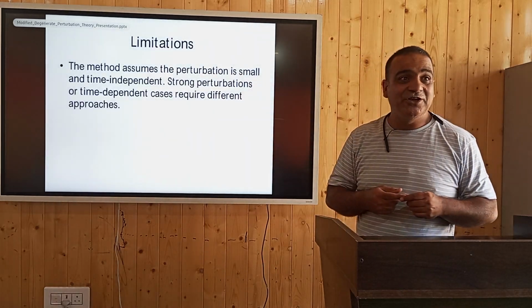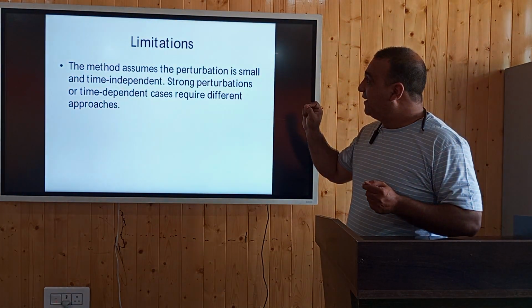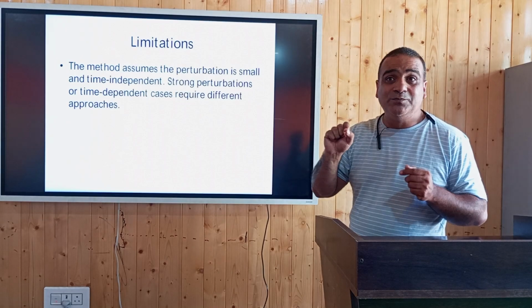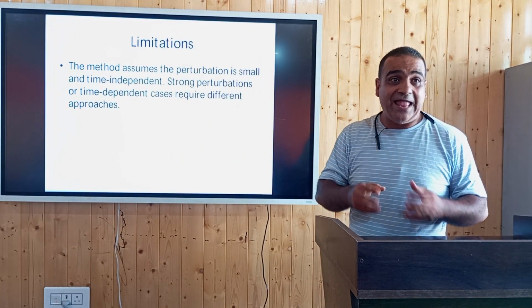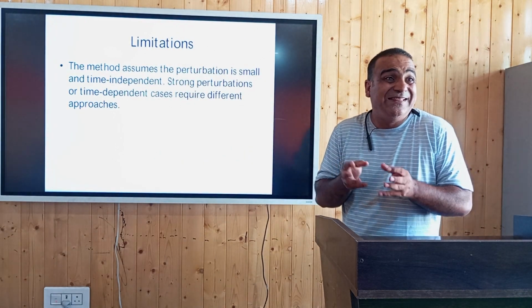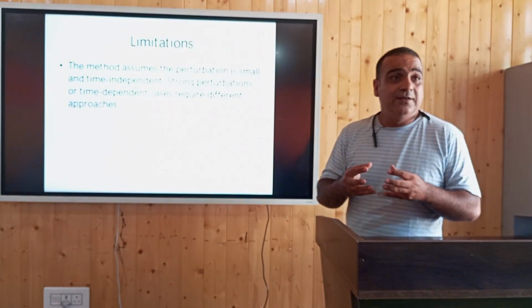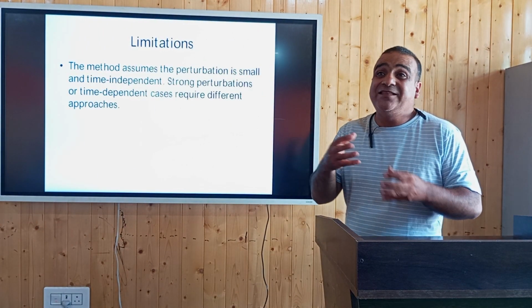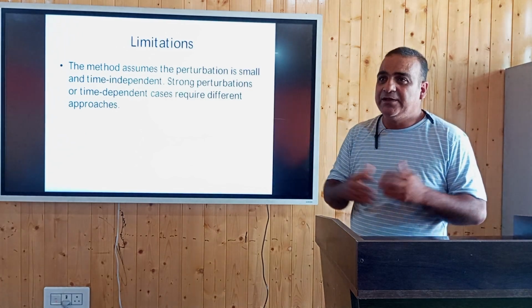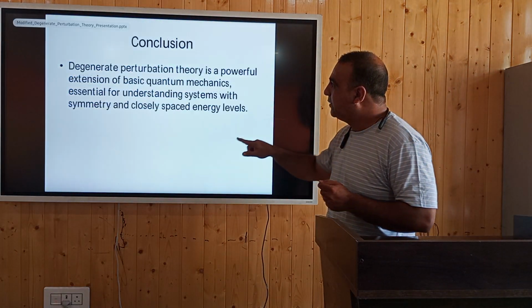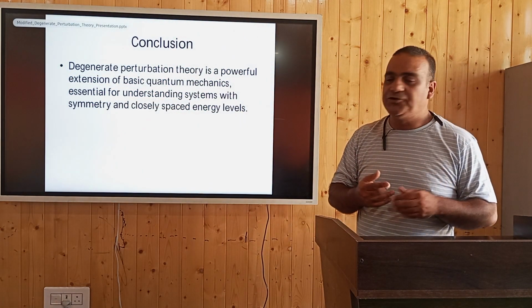It has limitations. What are these? The method assumes a small perturbation, because actual systems cannot be this delicate. Where you apply strong perturbations to your system, this theory does not give you accurate predictions.